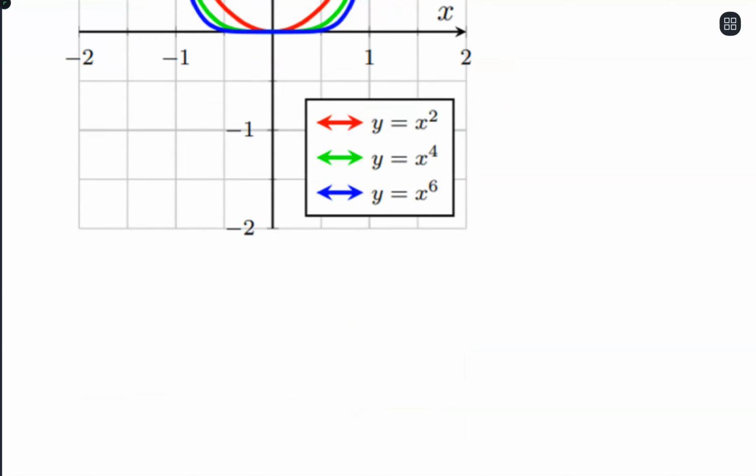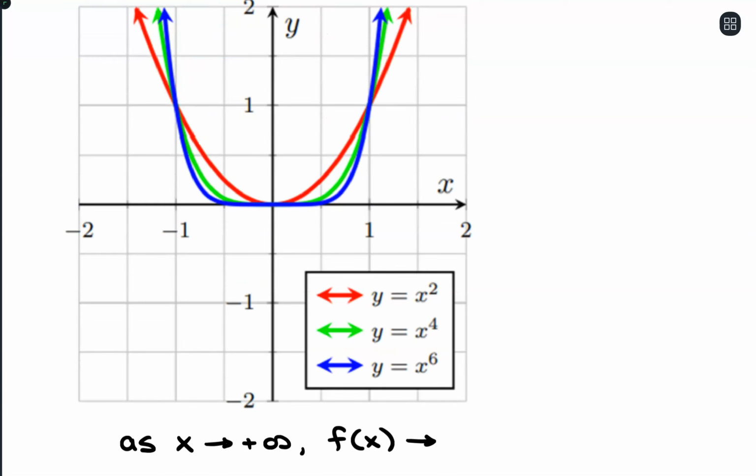So with even powers, as x goes to positive infinity, we want to be able to describe what our function is doing. My notation here, x arrow positive infinity, is read as x approaches positive infinity. And what that means is if you imagine starting here at (0, 0), it's like what's happening as I walk to the right-hand side of the graph here.